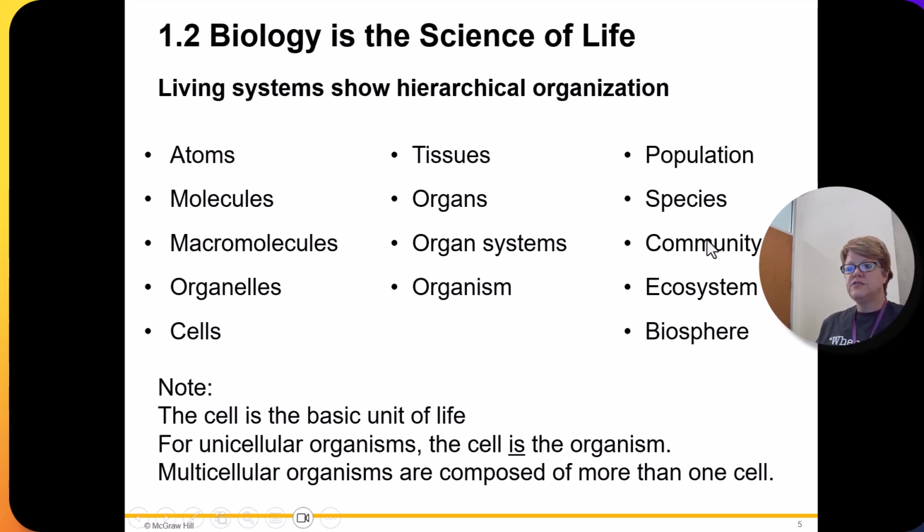And then the difference between community and ecosystem is that a community consists of all the living organisms in a particular area, whereas an ecosystem consists of that same area, but also accounts for all the non-living components as well. So not just the living, but also the non-living. Non-living would be like rock, wind, water, sunlight. And then all of the ecosystems collectively in the world make up the biosphere.